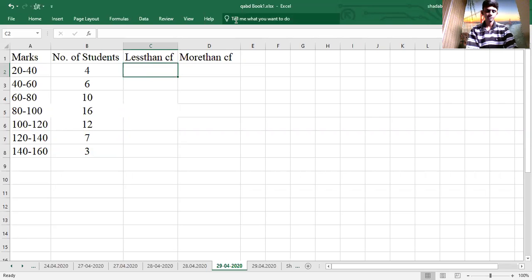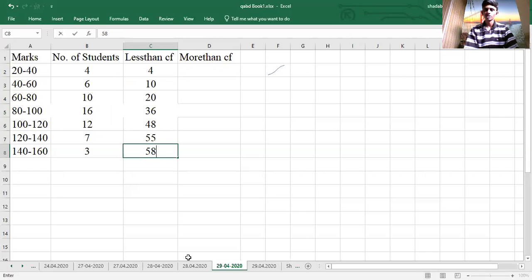How to arrive to this less than and more than cumulative frequency? That is our question. For arriving to this one, we have to find out cumulative frequency. Less than cumulative frequency, the first value as it is we have to write, because nothing is here. 4, 4 plus 6, 10, 10 plus 10, 20, 20 plus 16, 36, 36 plus 12, 48, 48 plus 7, 55, 55 plus 3, 58.